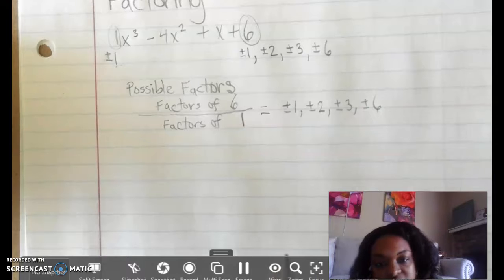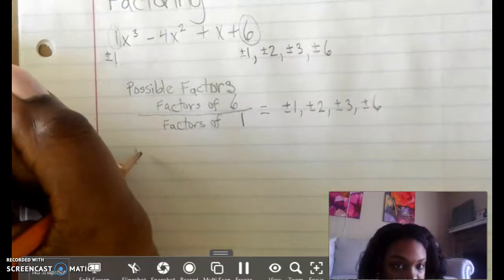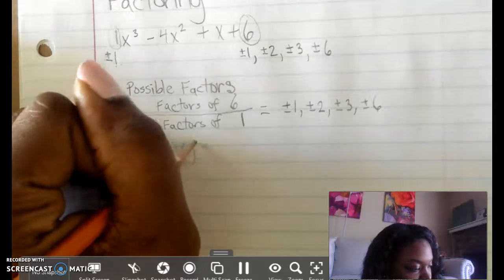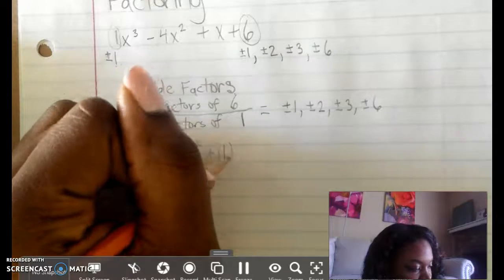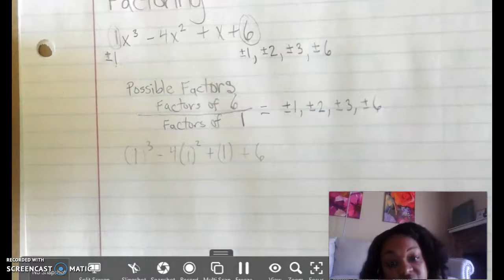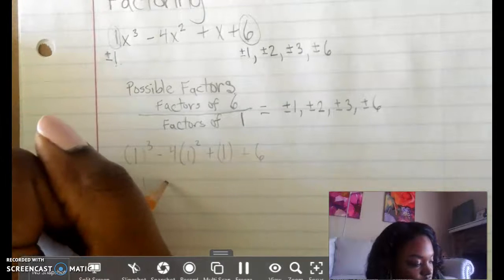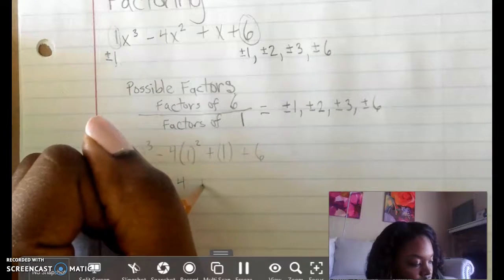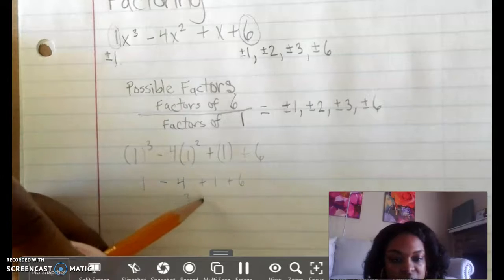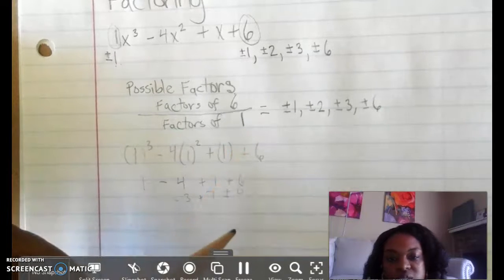So I'm just going to try a number here. So let's just try 1. I'm plugging this into the polynomial. So everywhere I had an x, I'm going to replace it with a positive 1. So this is going to give me 1 minus 4 plus 1 plus 6. Well, if I were to add these together, I'm not going to get 0. So positive 1 doesn't work.